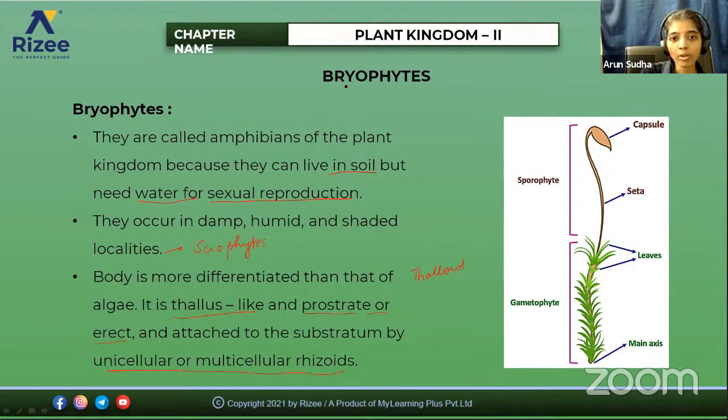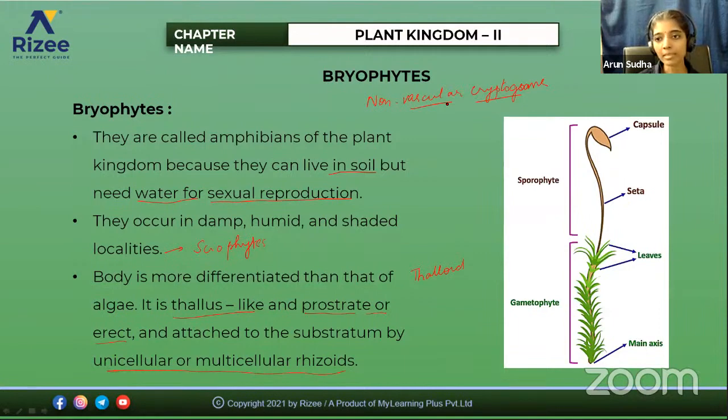They are also called the non-vascular cryptogams. This term includes algae, bryophytes and pteridophytes. There is another term, phanerogams, which includes gymnosperms and angiosperms, depending upon the reproductive organs.